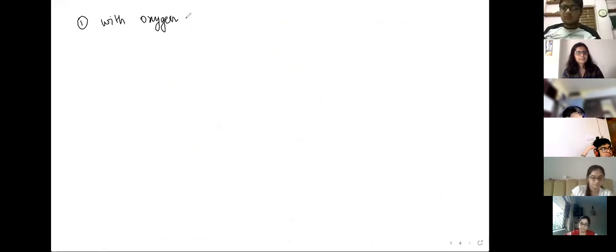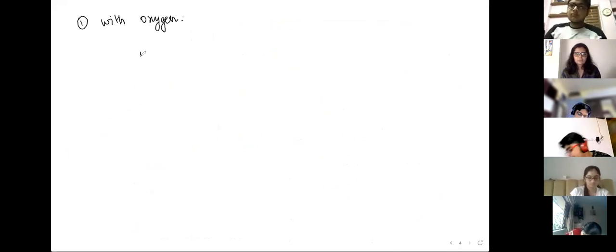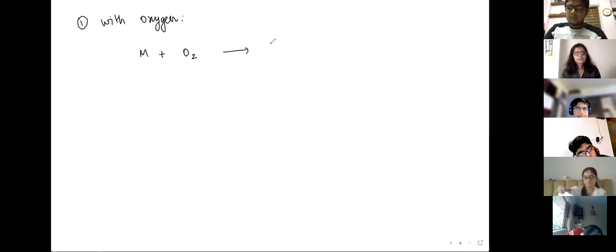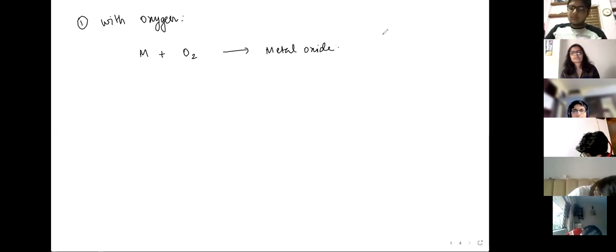Again, just like the previous chapter, note down the reactions. So metal plus oxygen forms metal oxide. That's it, nothing else basically. And some examples.